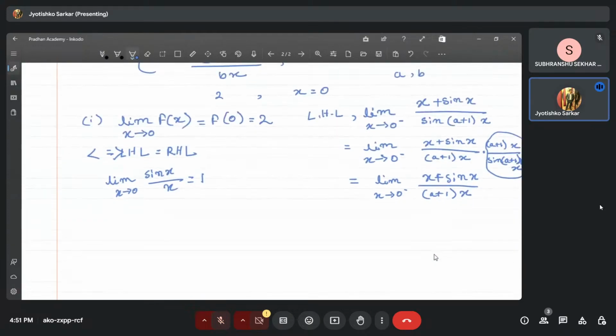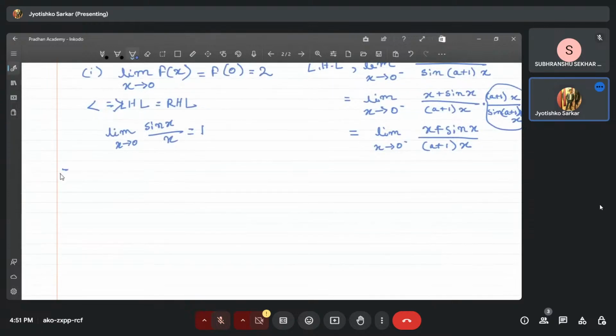Now I can rewrite this. As it is a constant term, I can take it outside the limit, and I will divide by x both of them.